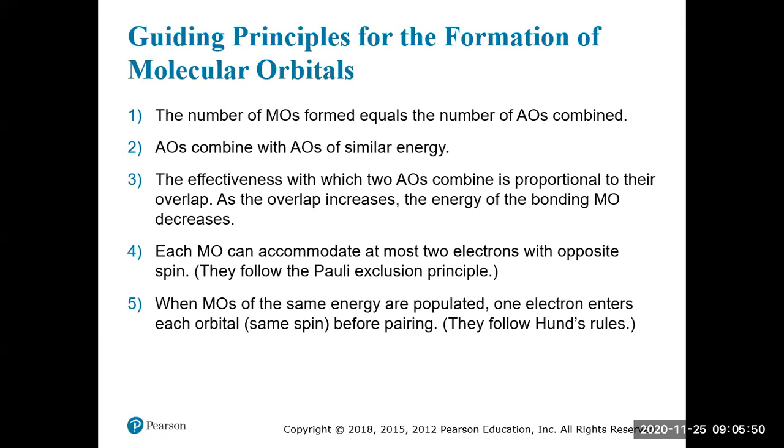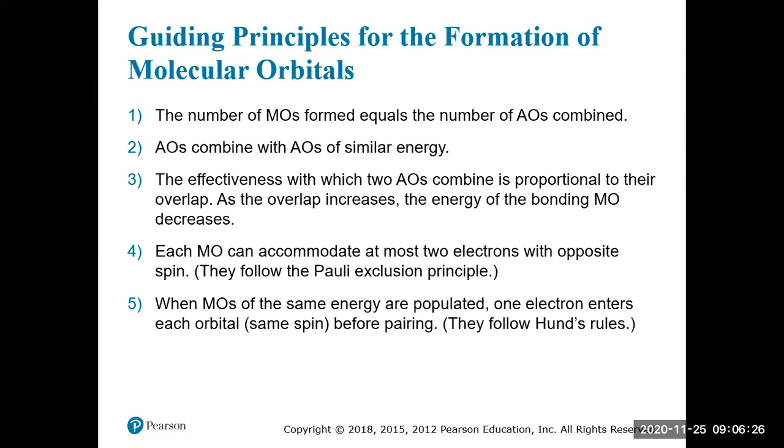Number 3, the effectiveness with which the 2 atomic orbitals combine is proportional to their overlap. As the overlap increases, the energy of the bonding molecular orbital decreases. And 4, each molecular orbital can accommodate at most 2 electrons with opposite spin. This is the Pauli exclusion principle, where one goes up, one goes down when those electrons pair.